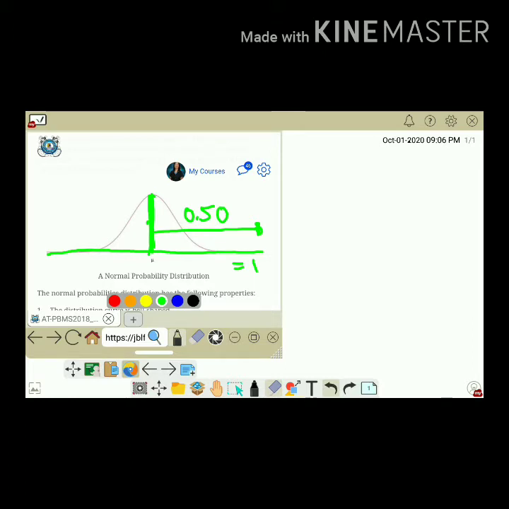And from the mean going to the left, that is also 0.5 or 50%. As you can see, 0.50 plus 0.50 is equal to 1. That is given by your symmetrical property, and your total area equal to 1.